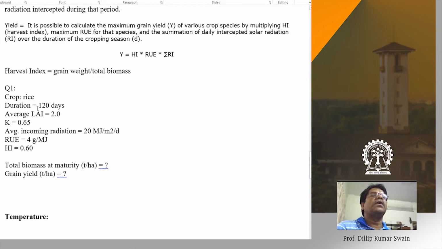You multiply by 120 days, the crop duration, and you get how much radiation is intercepted by the crop. Multiply this by the radiation use efficiency, and that gives you the total biomass. Then multiply by the harvest index, and that will give you the grain yield.